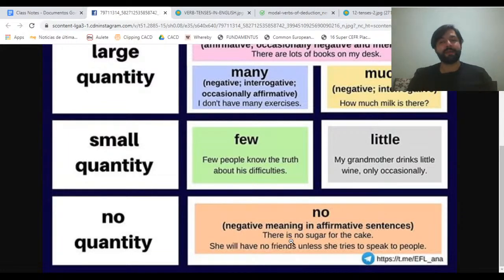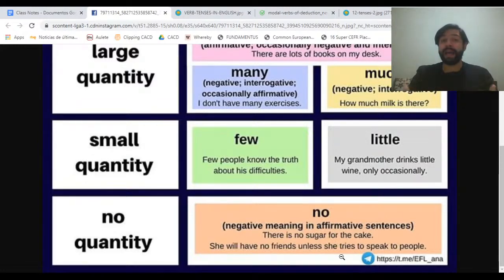Or you could say, there isn't any sugar for the cake. It's also possible, all right? There is no and there isn't any mean the same thing. Or the next one: she will have no friends unless she tries to speak to people.